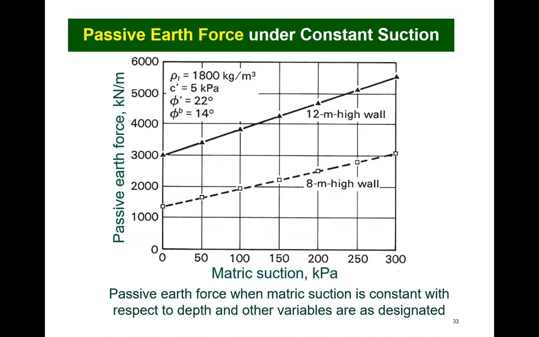The passive earth force, or the resistance of an anchor system, is shown for the case of an 8-meter and a 12-meter wall or anchor. The soil is assumed to have constant matrix suctions ranging from 0 to 300 kilopascals. No new theory or analytical equations are required to calculate the active and passive earth forces when matrix suctions are taken into consideration.